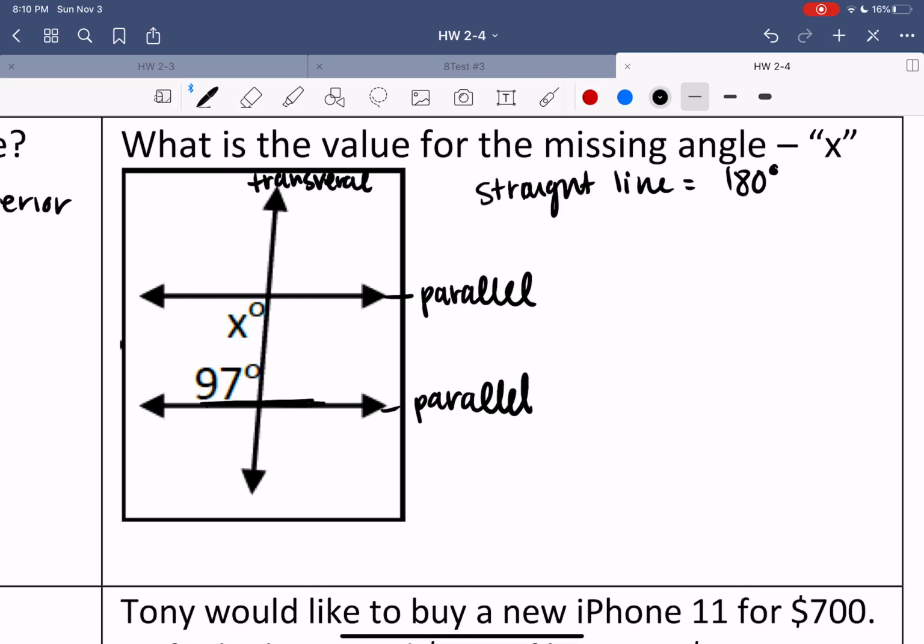So right here, we know that this has to be 180. So it's going to be 180 minus 97. And so this will become 7. 10 minus 7 is 3. 0. 17 minus 9 is 63.